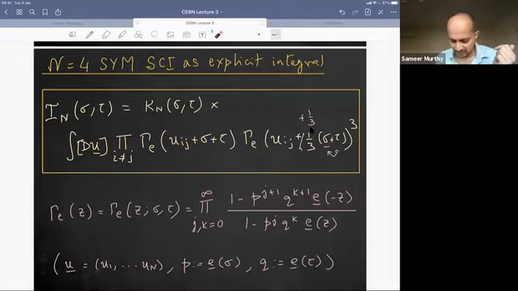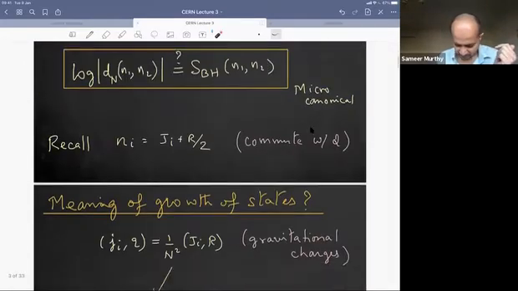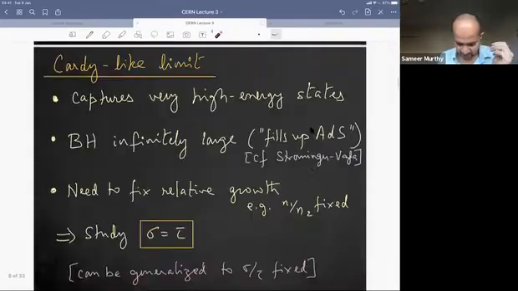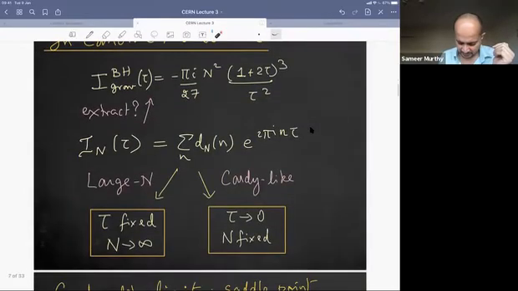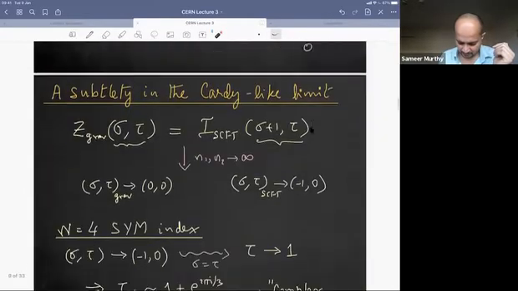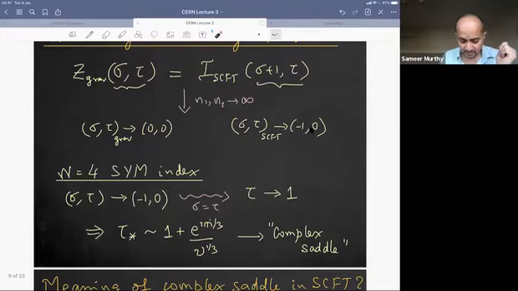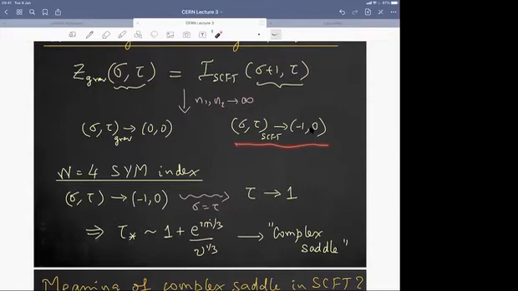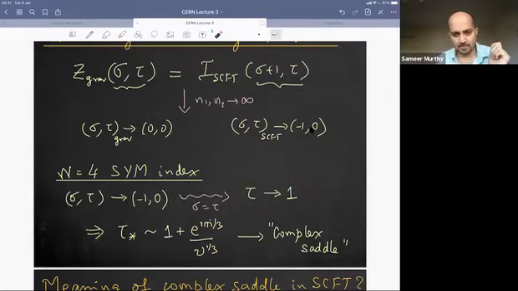So a quick calculation. You can convince yourself of that. That's not very difficult. There's nothing mysterious about that. Here we go. So in the limit that we're taking where sigma equals tau, this means that in the field theory, you should study tau goes to 1. All right. Was there a question?